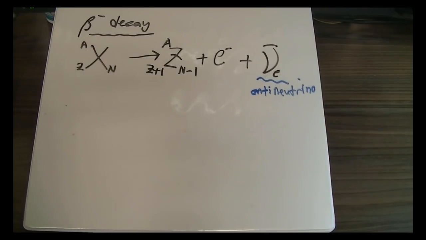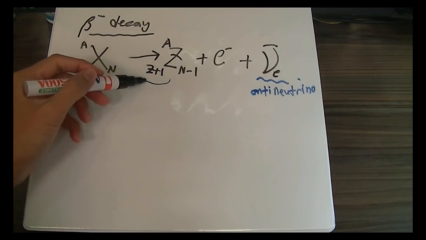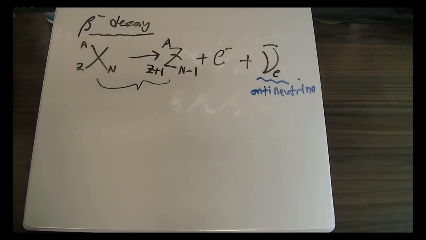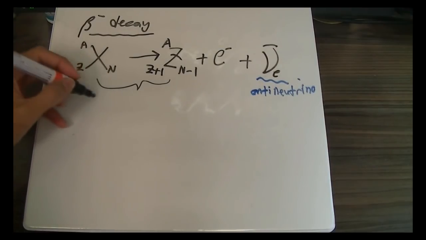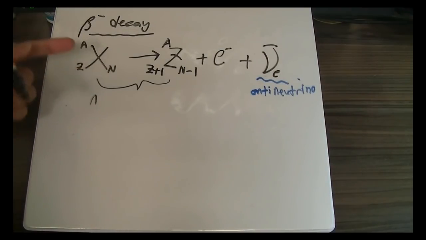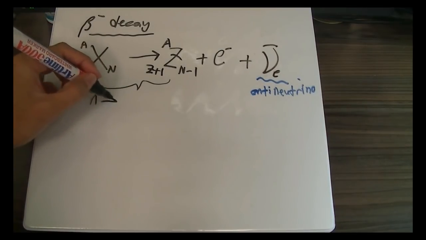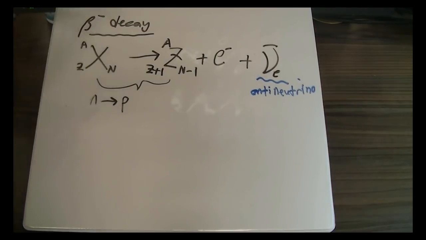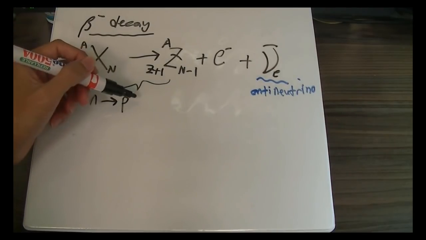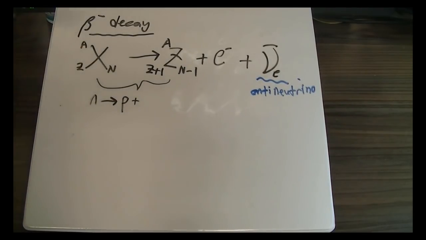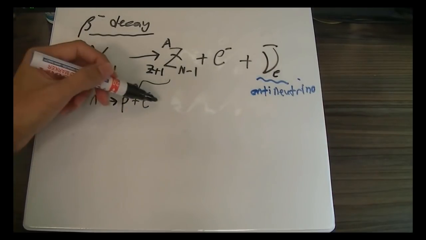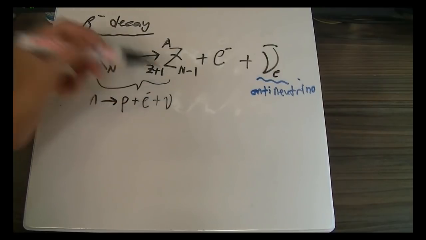So in beta minus decay, what actually happens is that the neutron in the parent nuclide transforms to a proton, and at the same time releases an electron and an antineutrino.